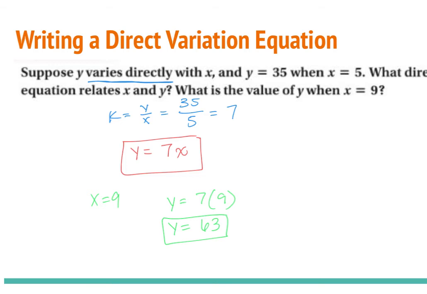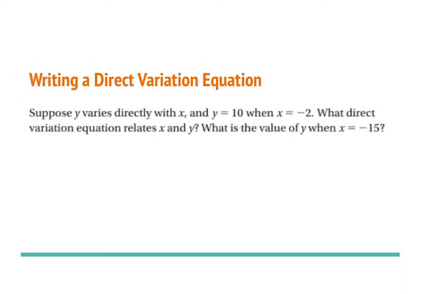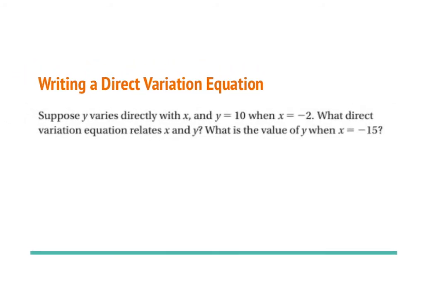Questions? Don't worry, we're going to do another example. Suppose y varies directly with x. Y equals 10, x equals negative 2. What's my equation for k?